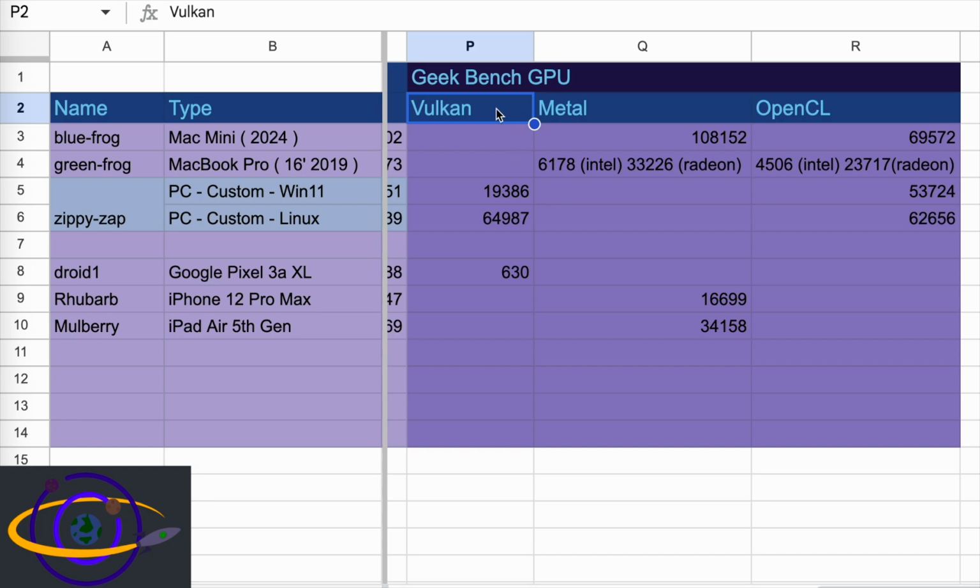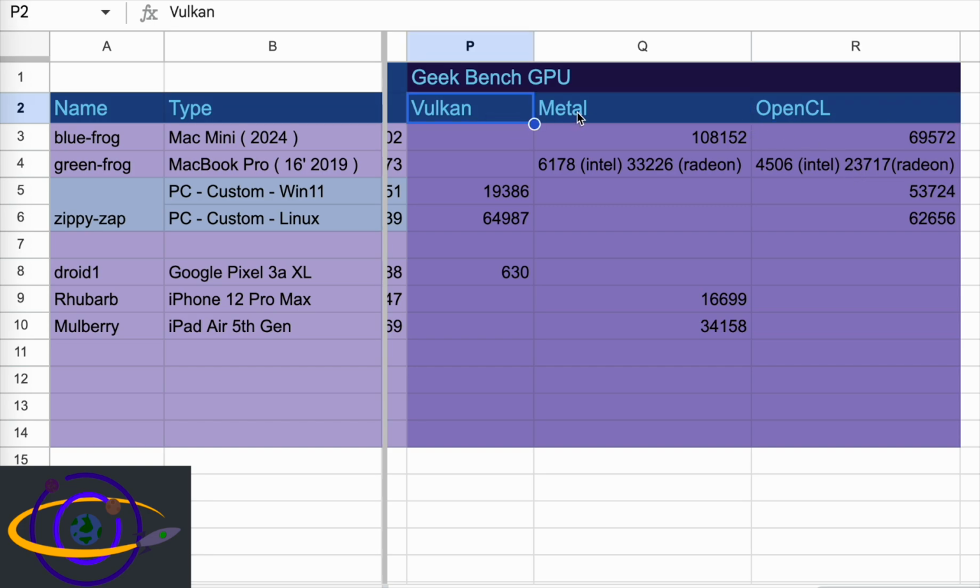These systems can run different frameworks; it's not that they're restricted to only using these, but these are the more common ones. We're missing DirectX here. We have Vulkan, Metal, OpenCL, but no DirectX, and there are others. For any given workload, you may or may not be using a different framework.